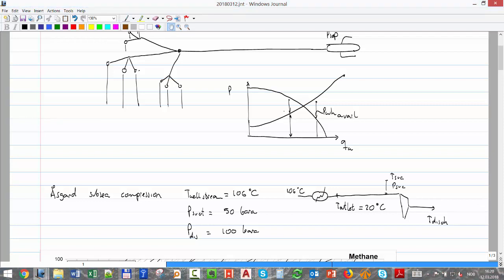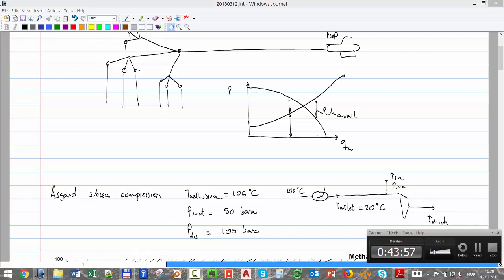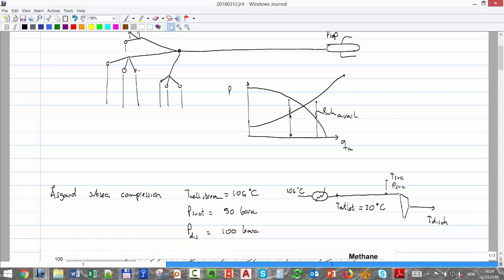In contrast with the choke, where you can just say I have a delta P, why do we care so much?